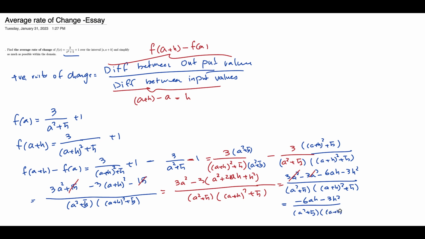Now I have one more step. I can see each term in the numerator contains h, and I have to factor that out. I'm factoring out h, and what remains from the first term is negative 6a, and from the second is minus 3h, over (a squared plus 5) times ((a plus h) to the power 2 plus 5).